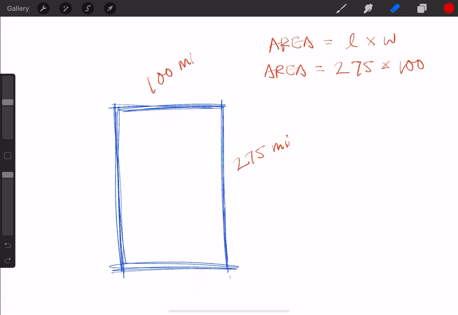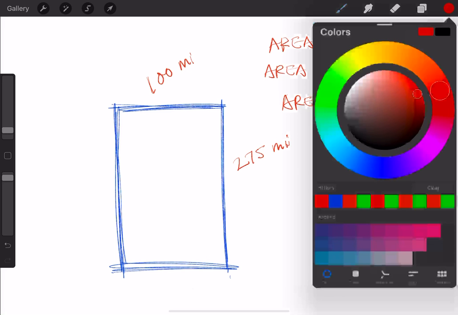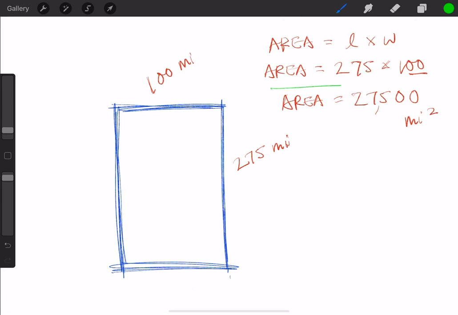Which would give me 275. And I would have to cover up those two zeros to find that. So of course I would have to add them back on. So my final area would be 27,500 square miles. I'm going to write my unit down here because I kind of ran out of room. Okay, so that would be my final solution right here.